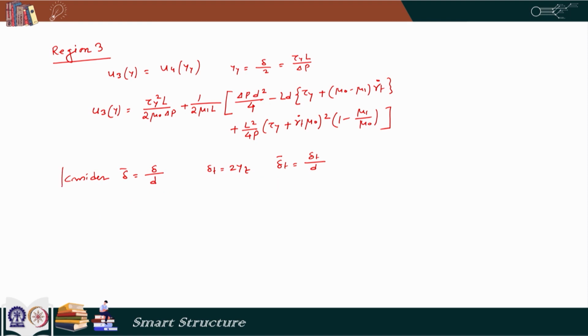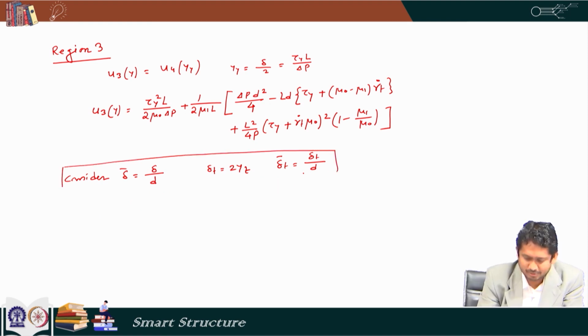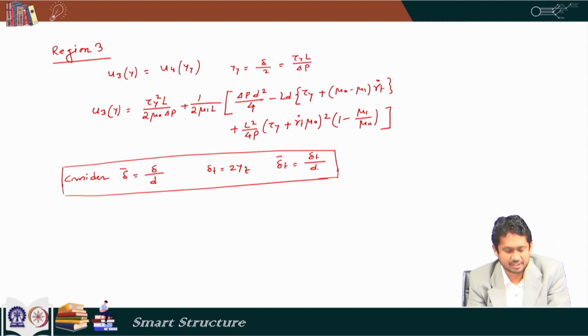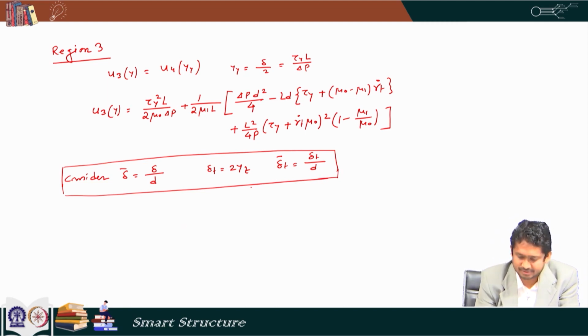And so, these are the non-dimensional terms that we will be using. Now, with this these velocities can also be written in a non-dimensional form, and we will not do that.